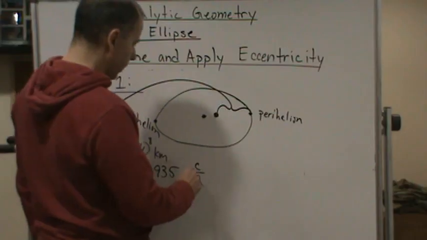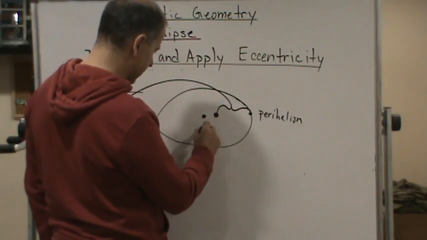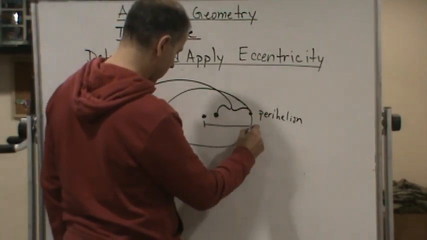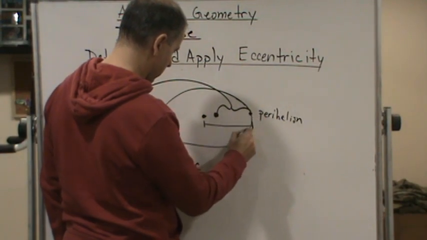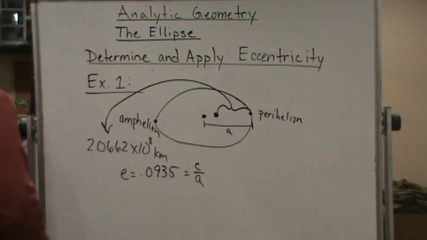So we know that this distance here is A, right?